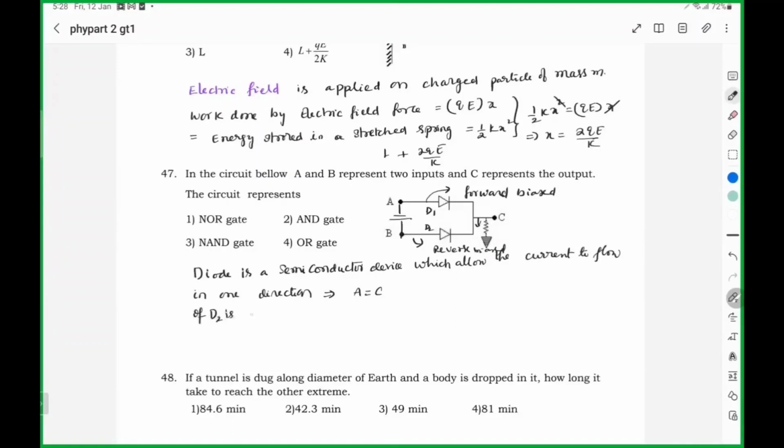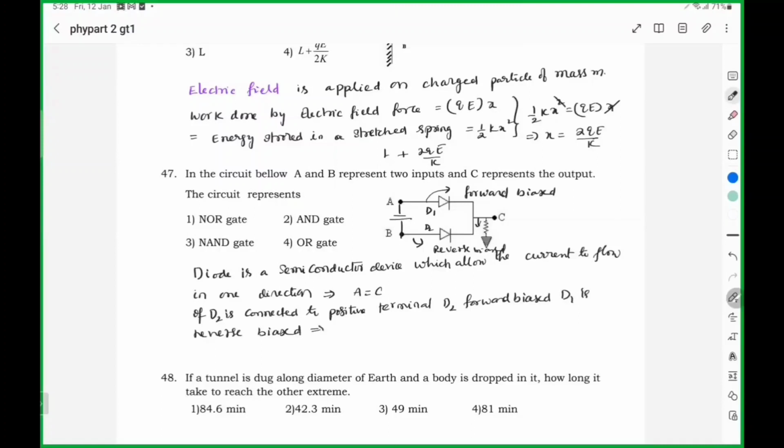If D2 is connected to positive terminal, D2 is forward biased, D1 is reverse biased.